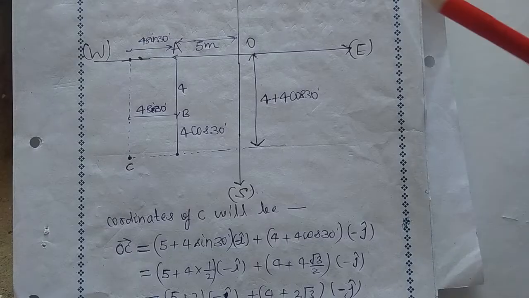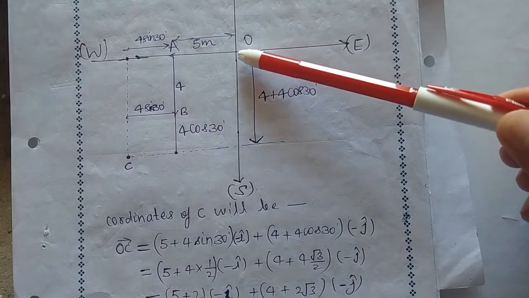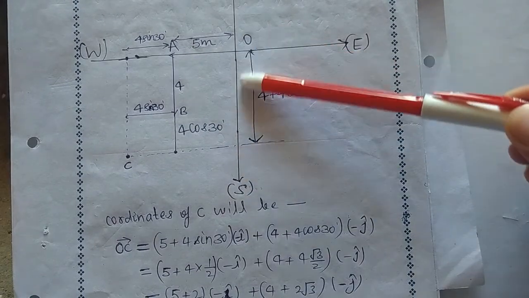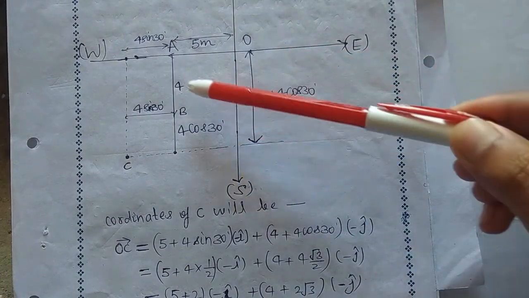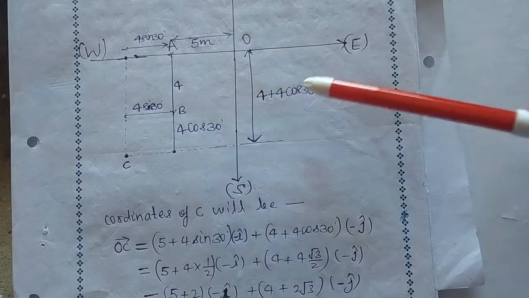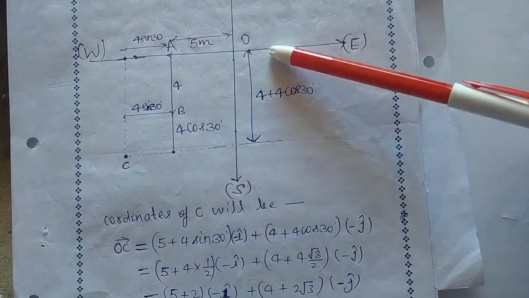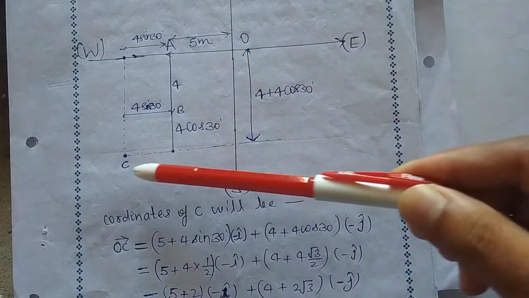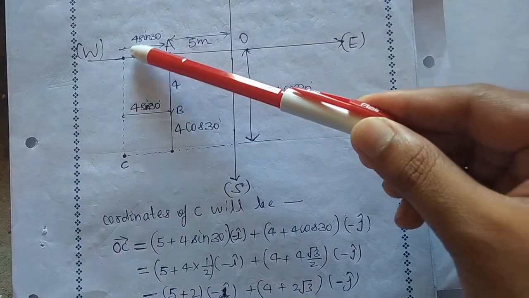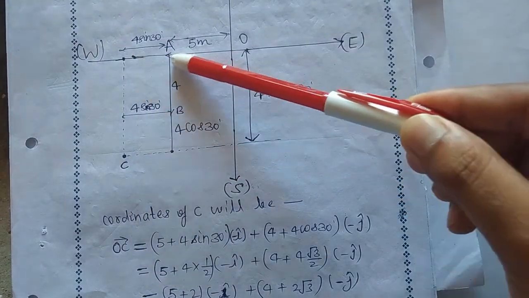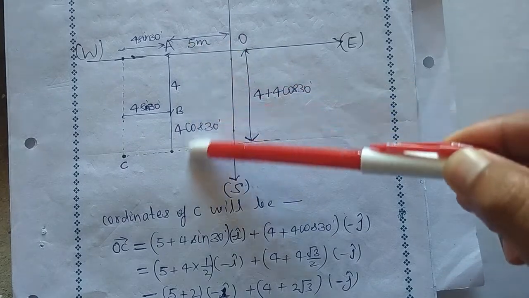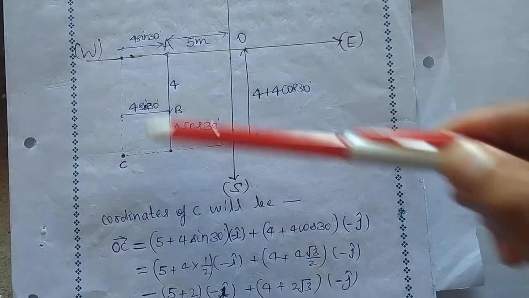Now we have the scenario like this. The coordinate of C on the y-axis is 4 plus 4 cos theta, and the coordinate of C on the x-axis is 4 sin theta plus this 5 meter, so 5 plus 4 sin theta.